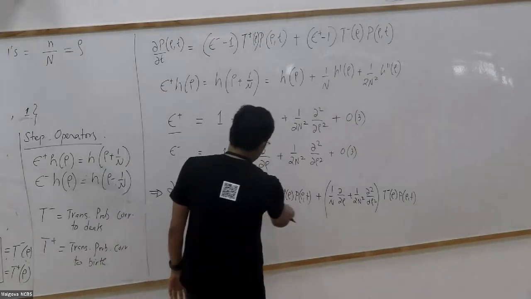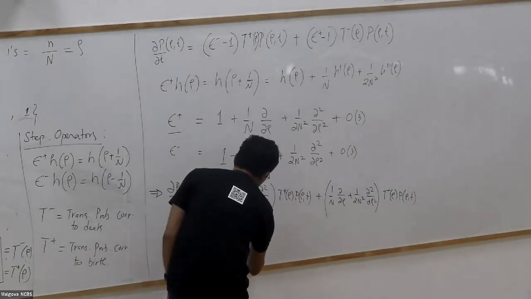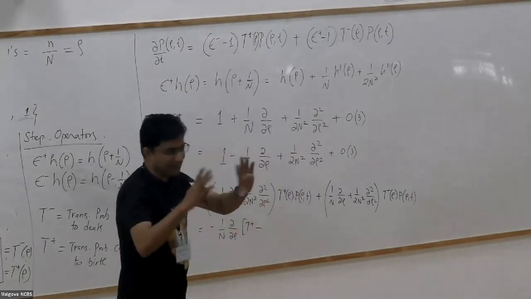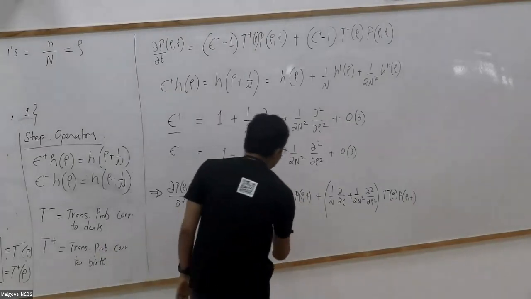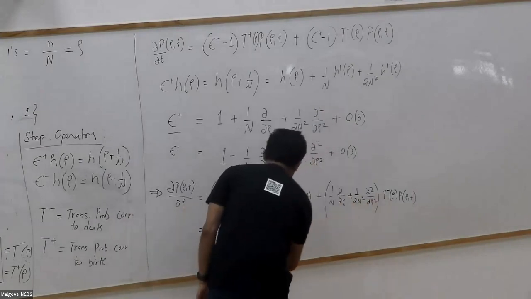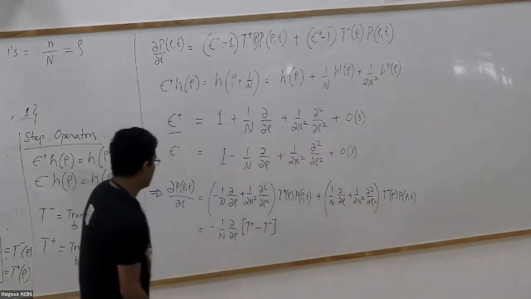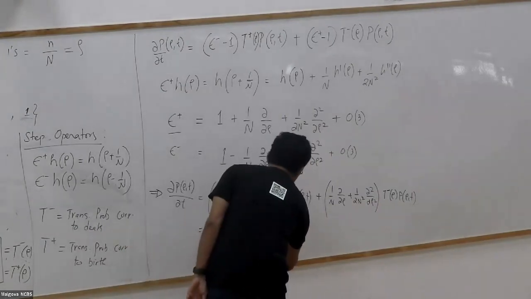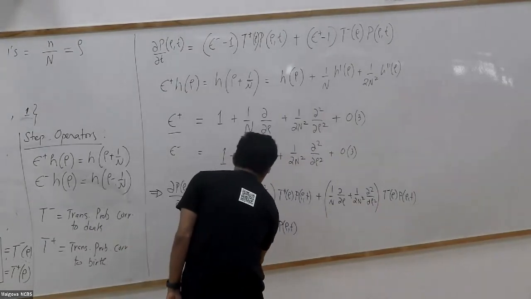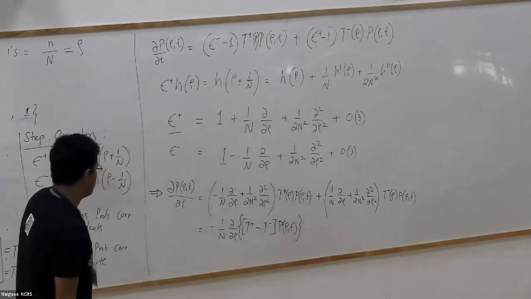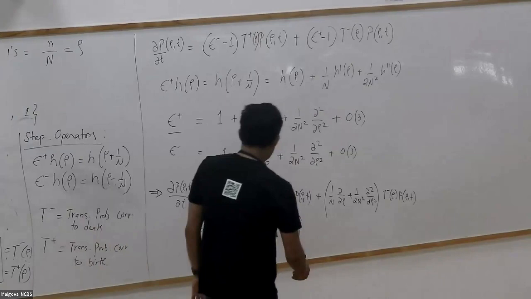Then I have t plus of rho, and I'm not going to write the rho dependence, you are all very familiar with it now, minus t minus, times p of rho t. So the derivative is acting on the entire thing. Okay.